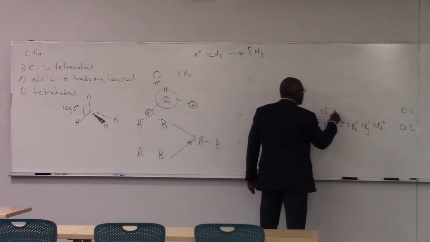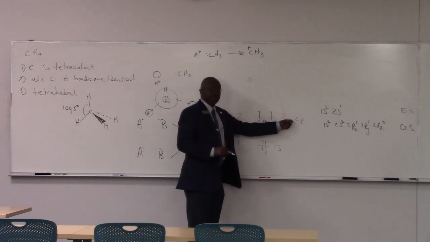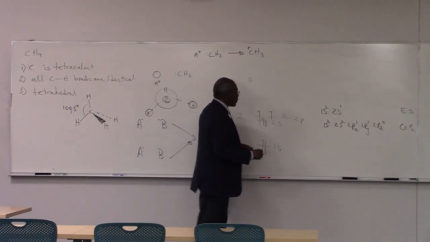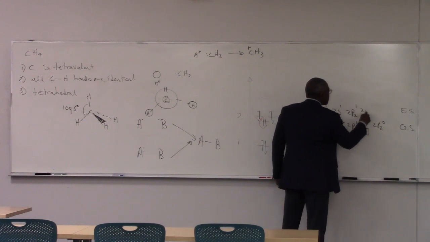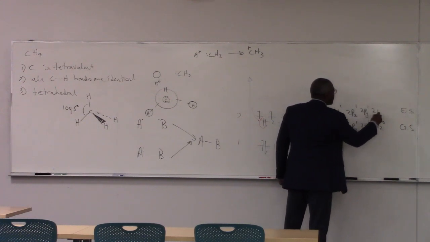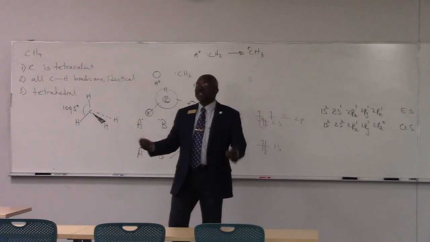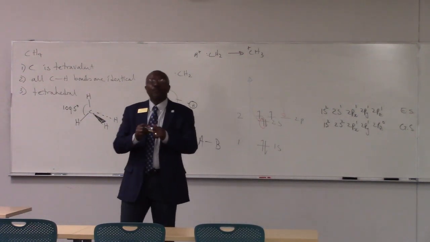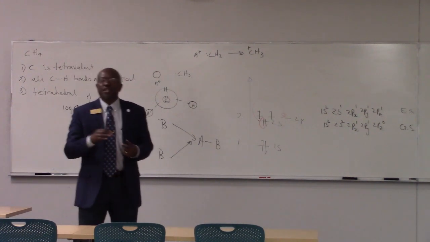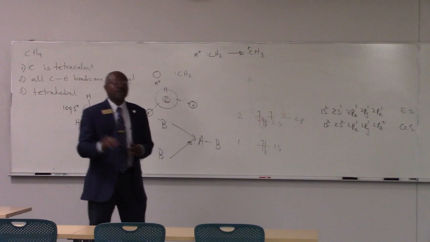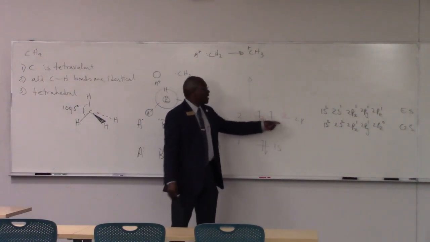But it's now 2s1 because I've moved one of these electrons here. Right? So it's 2s1, 2px1, 2py1, 2pz1. That's an excited state. It is not what the rules predict. It is not what generates the most stable configuration. It's clearly not because I've moved electrons from the more stable 2s into the less stable 2p.